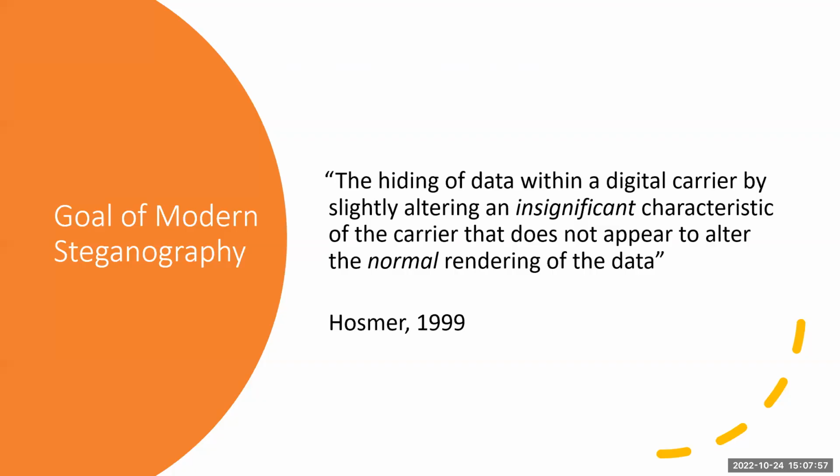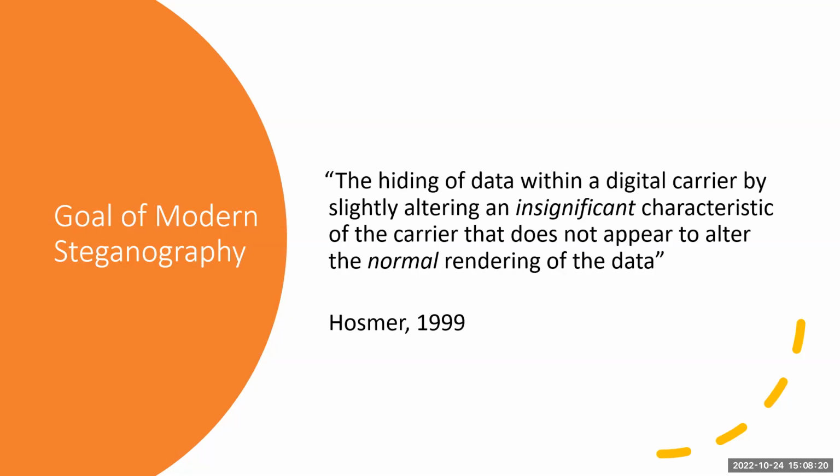So when we look at the goal of modern steganography, our very own Professor Hosmer, in a publication roughly 20 years ago at this point, was noted as saying: the hiding of data within a digital carrier by slightly altering insignificant characteristics of the carrier that does not appear to alter the normal rendering of the data.